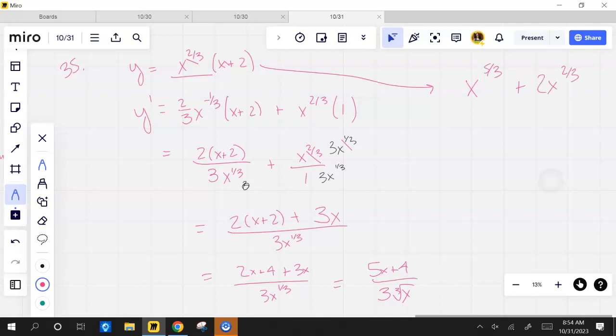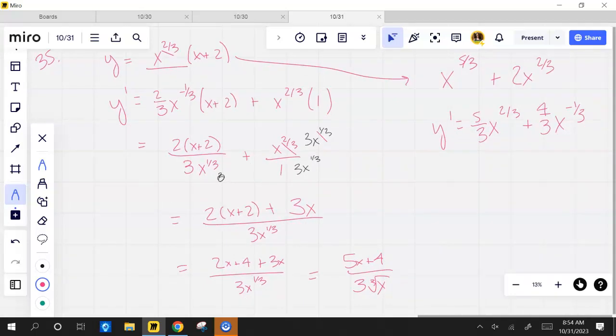Then you can just use power rule. 2/3 plus 2/3, that would be 4/3 x to the negative 1/3.